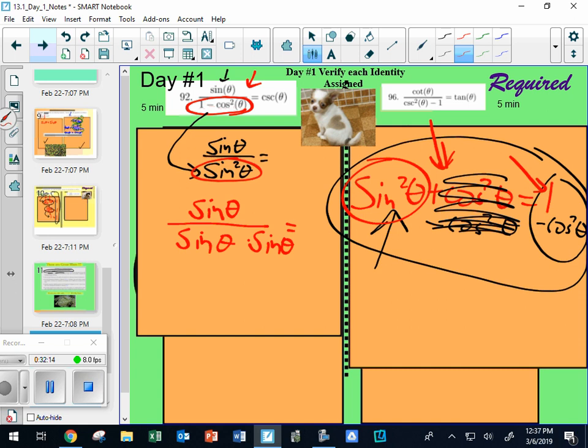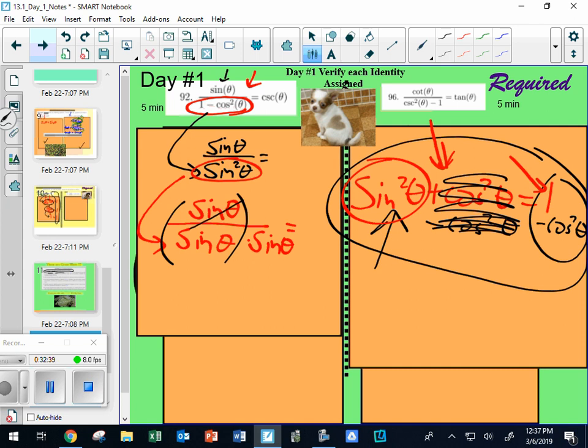Do you get all I did is break up my sine squared into sine times sine? This is this, isn't it? Isn't that what squared means? Mm-hmm. And now do you see that that's actually just, what can I replace sine over sine with? 1. And then, yes, the sine that's left is still on the bottom.